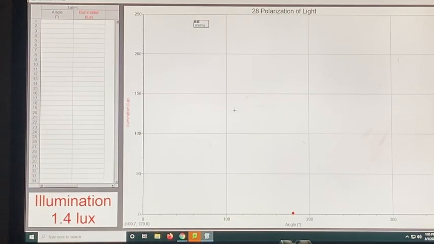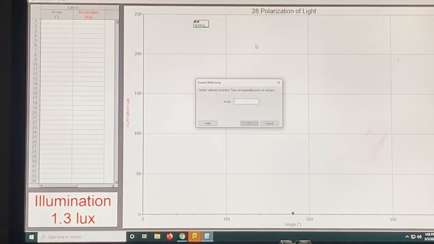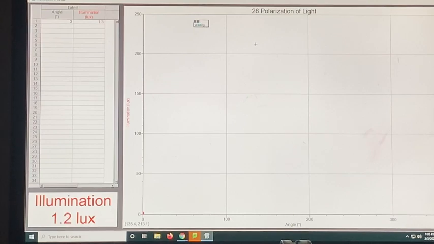Keep in mind, this is different than we had before. So the angle's 0. Okay, I'm going to do 15 degrees.